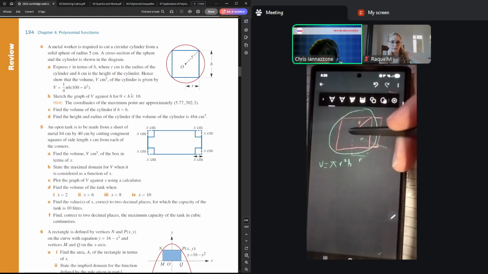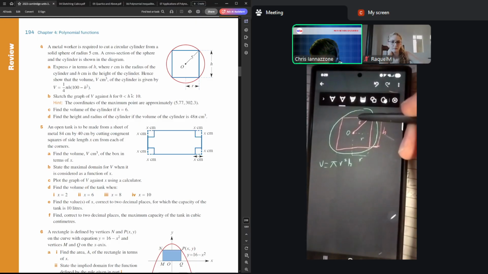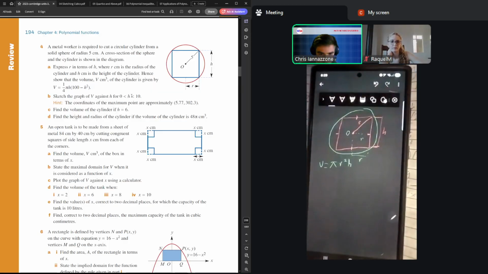The other thing to consider is that this is the origin, so either side of that origin is going to be 50-50, which will help you get a relationship between h and r.